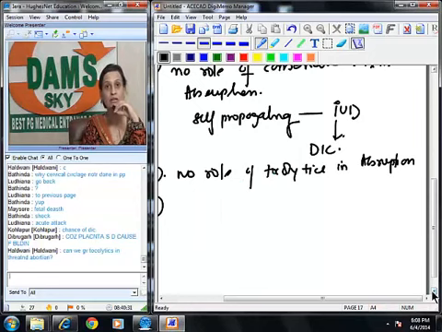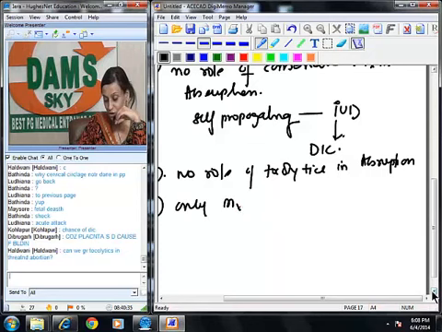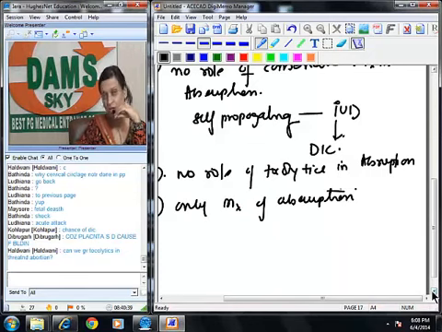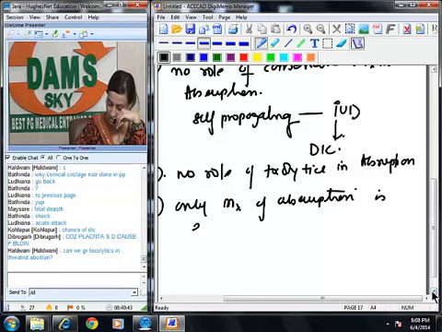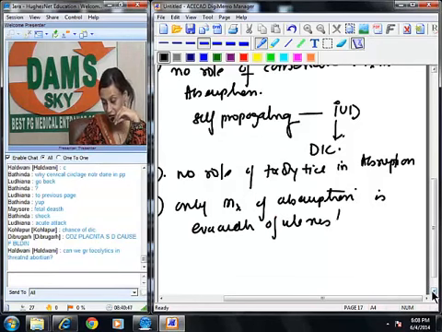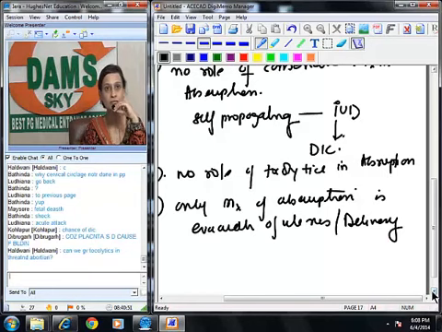Then the third difference is the only management of abruption is evacuation of uterus, or delivery, as we say.